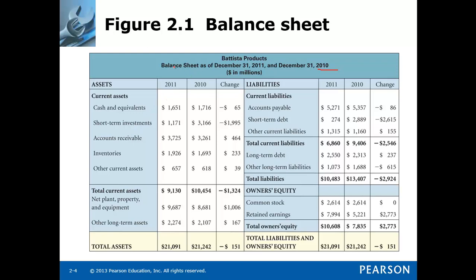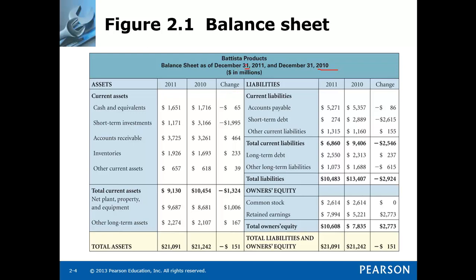So when looking at this balance sheet for Batista Products, it is going to be the amount of assets, the claims against those assets, or liabilities, and ownership, or equity, on the 31st of December in 2010 and 2011. And many times, companies or analysts will compare the prior year to the current year so that they could see the change, or what's known as the variance, between years.